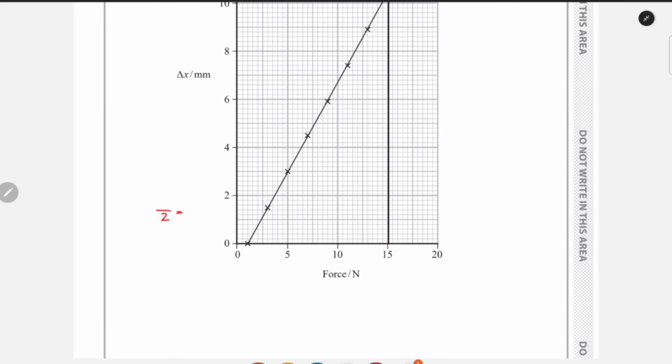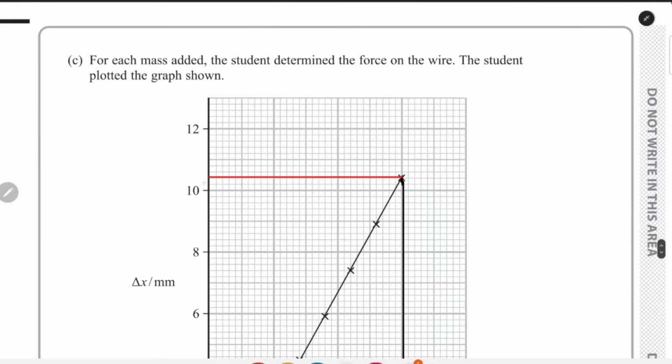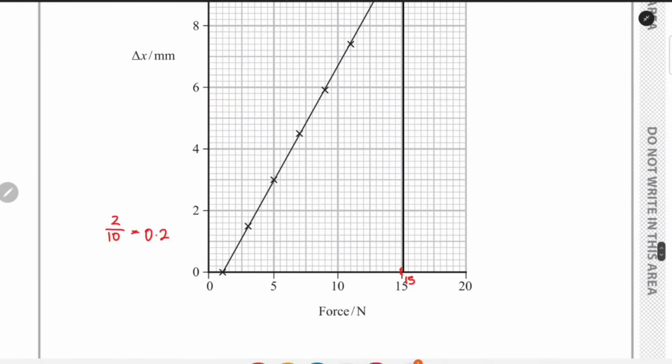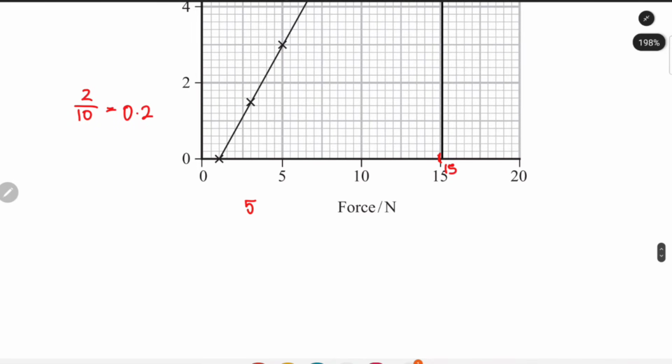So each small box is 0.2. So this is 10.2, this is 10.4. And this is 15. In the x-axis, 5 units are represented by 10 small boxes. So each small box is 0.5. So this is 0.5, this is 1.